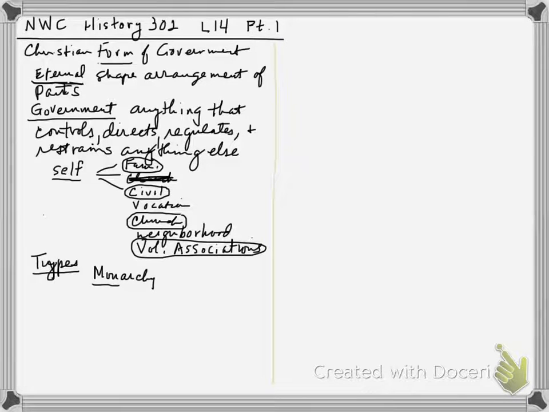Mono means one. Archos in the Greek means rule. So monarchy would be one person rule. A king, a queen, a dictator could be a one person rule. And we know that's a bad thing, because one person with all that power will surely abuse it, and we see that through history.